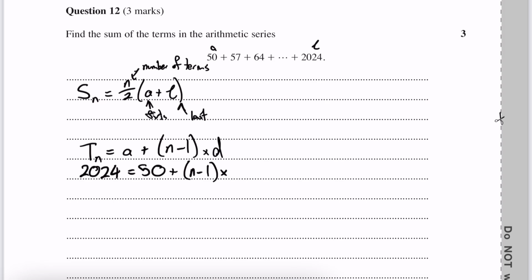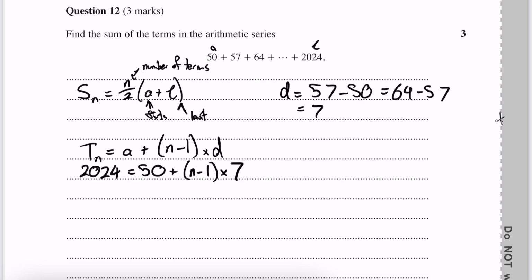And then we multiply that by d, which is the difference in the series, and we can see that it increases by 7. d equals 57 minus 50, which is equal to 7. You can also calculate this as 64 minus 57, which is also equal to 7, and that defines an arithmetic series. So our difference is 7.